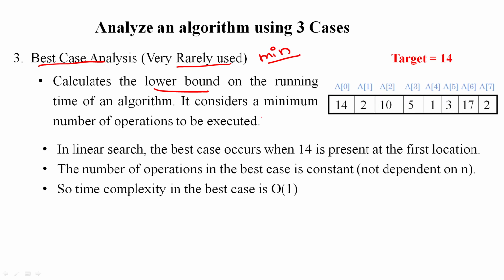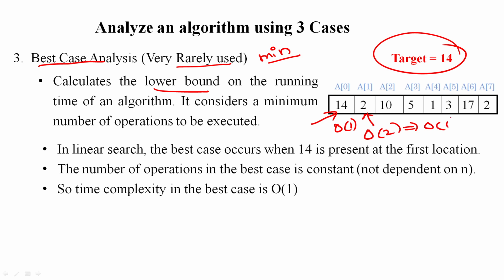If my target element is 14 and it is available in the first index itself, it consumes order of 1. If it is in the second index, that is again a constant, so it can be said order of 1. The minimum time consumed by any algorithm is order of 1.